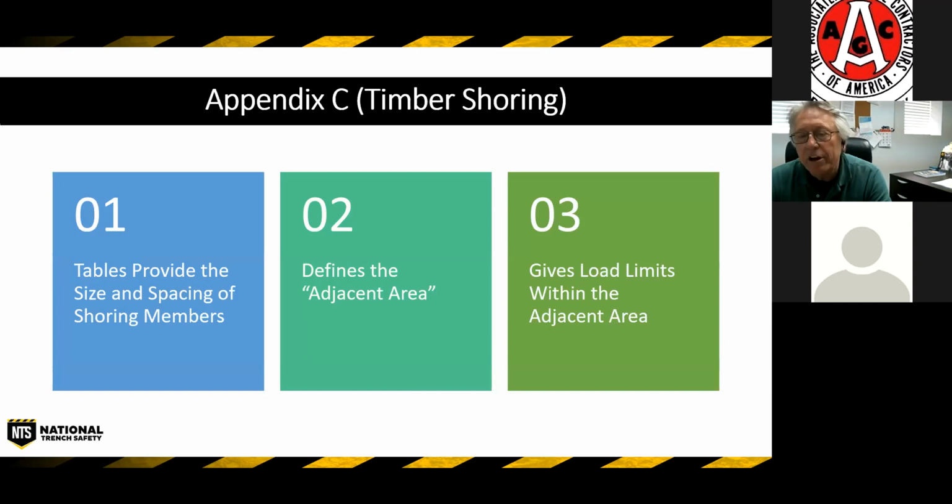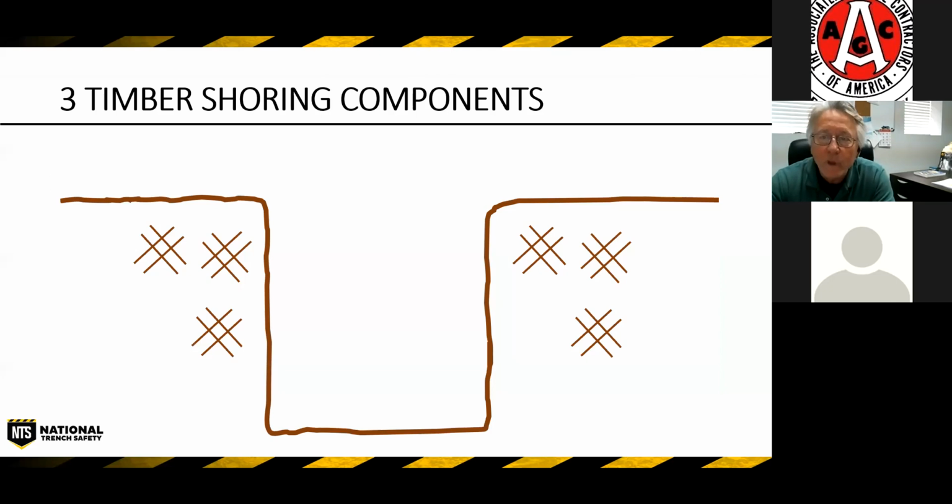And let me just take a moment here and say, this is one reason I think why some people aren't familiar with the adjacent area, is because it's only defined one place in the OSHA standard, and that is in Appendix C. So Appendix C gives us the size and spacing of the wood shoring members. It defines the adjacent area, and then it also gives us the load limits that are allowed within the adjacent area.